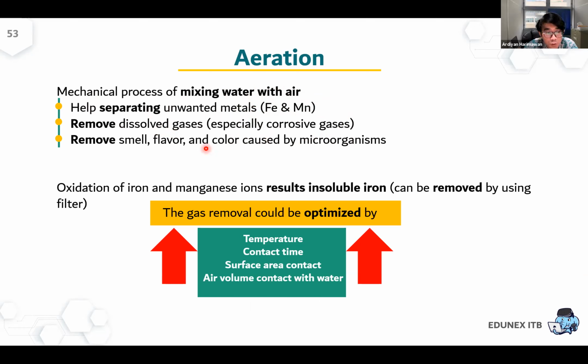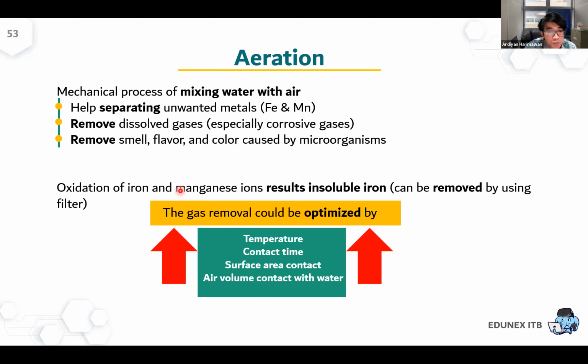If the water contains some smell, flavor, or color due to microorganisms that grow in the water, maybe they produce a certain gas or smell, then by aeration, by oxidation, it will reduce the smell, flavor, and color.